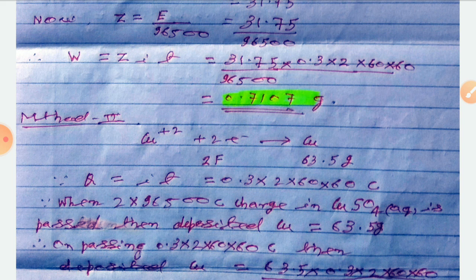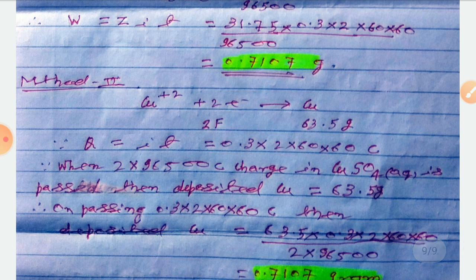Since Q is equal to IT, the current value is 0.3 ampere and time is 2 into 60 into 60 seconds. According to the question, the charge flowing through the circuit, Q, will be 0.3 into 2 into 60 into 60. So when 2 into 96,500 coulomb of charge is passed in aqueous copper sulfate, the deposited copper is equal to 63.5 gram.